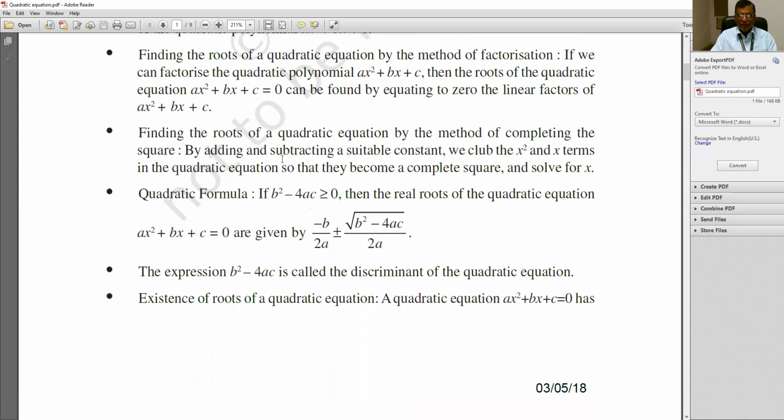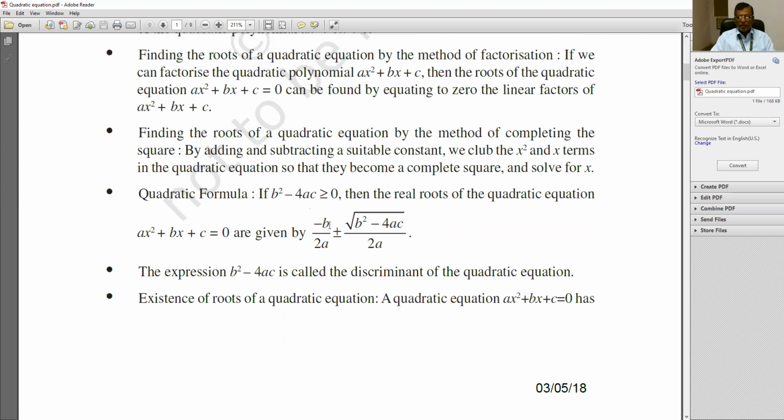By adding and subtracting a suitable constant, we club the x² and x terms in the quadratic equation so that they become a complete square, and we solve for x. Again we know that if the discriminant b² − 4ac is greater than or equal to 0, then the real roots of the quadratic equation are given by this part.